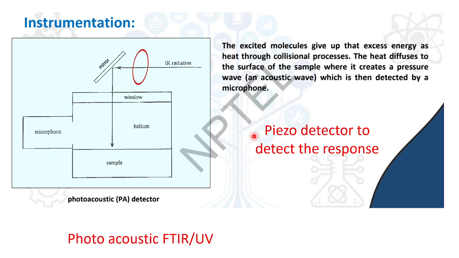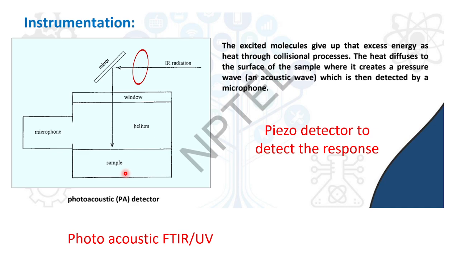And why is it acoustic? When the radiation comes to the sample, the sample molecules interact with it. Radiation means basically photons. So when a photon collides with the sample, it generates heat.